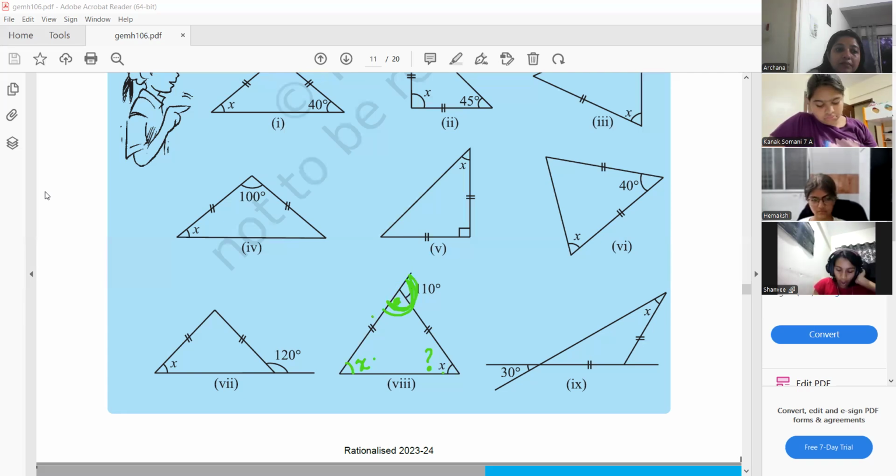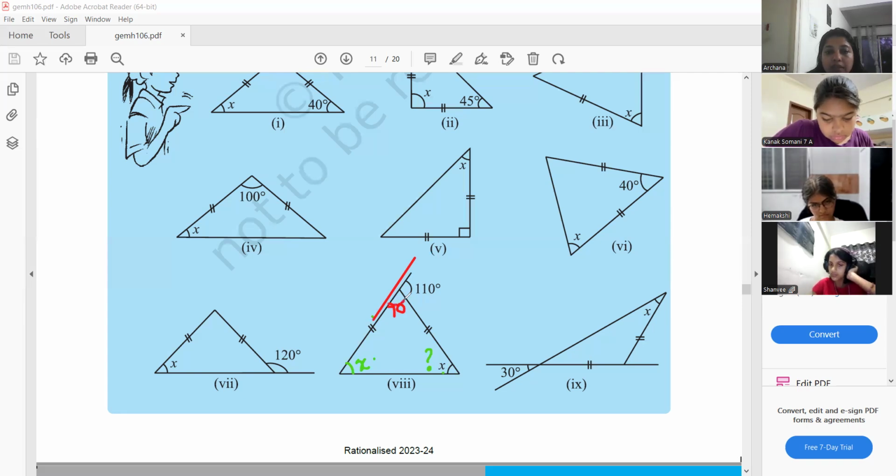Yes. By linear pair we can find. Correct. By linear pair property. So what will be the measure of the third angle given here? It would be 70 degrees. Okay. 70 plus 110 is 180.